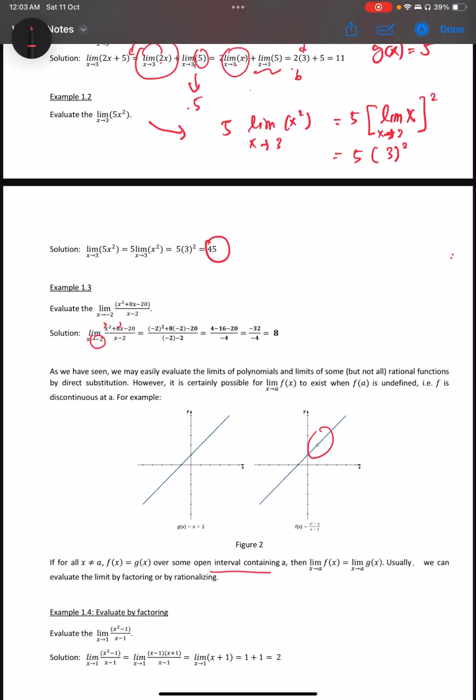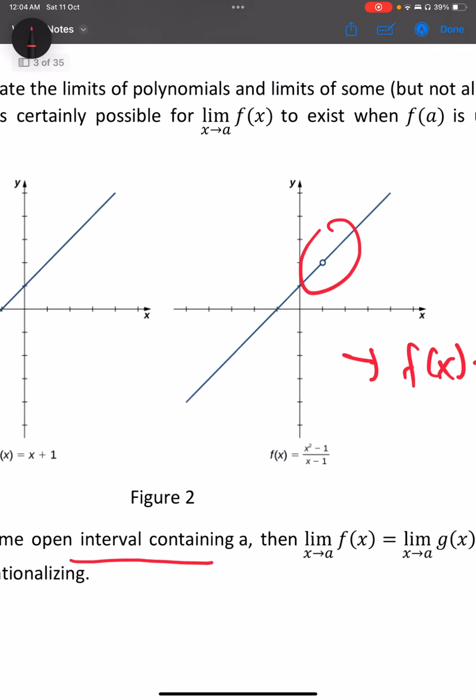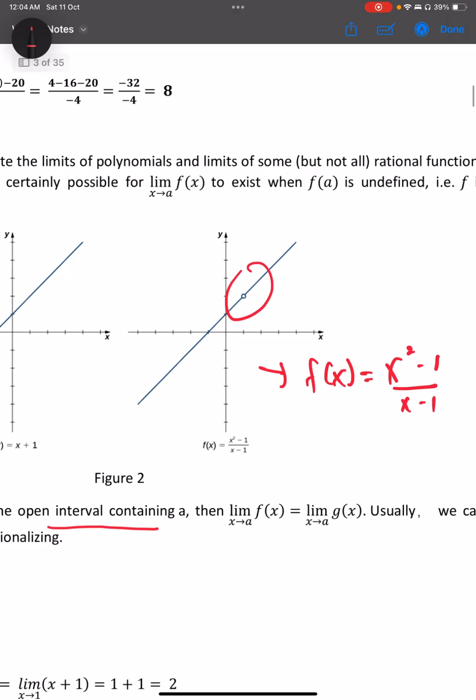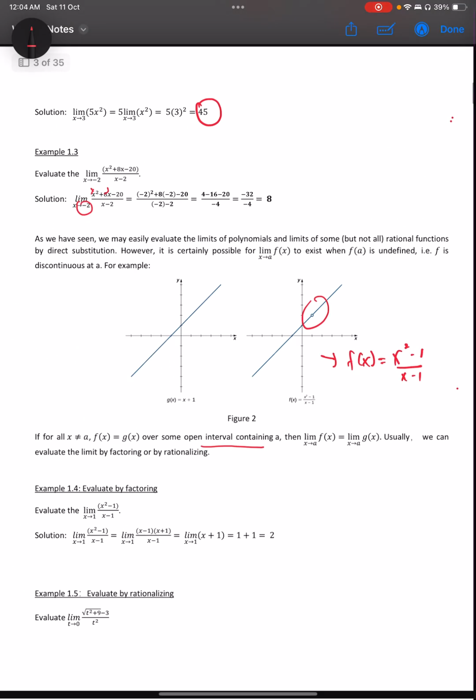How? Okay, let's look at the scenario like this. This is the function f(x) equivalent to x squared minus 1 over x minus 1. All right, we can use factoring. So this can be transformed into x plus 1 times x minus 1. I hope you guys still remember from school that if you have the function a squared minus b squared, this is actually (a plus b)(a minus b).